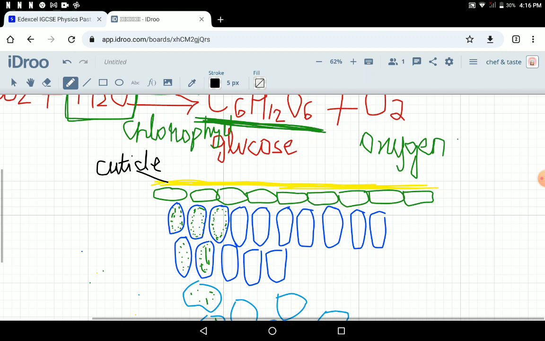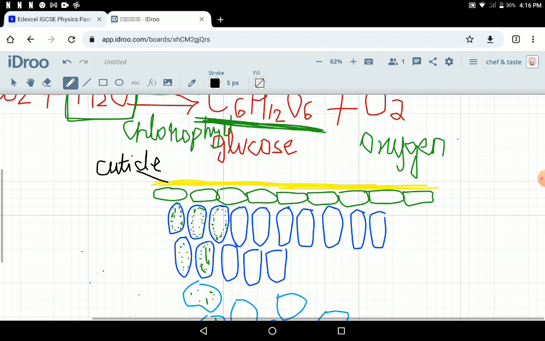Whenever the leaves are exposed to sunlight or a hot environment, they can dry out if they don't have a cuticle layer on them. So the cuticle layer is a protective layer, a waterproof substance just like Vaseline, which will keep the moisture within the leaf and prevent the drying out of leaves whenever they are exposed to sunlight or high temperature.